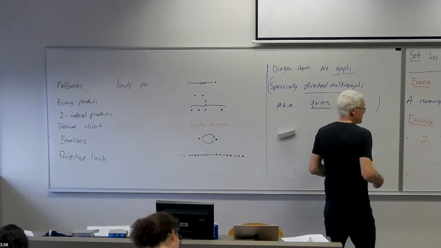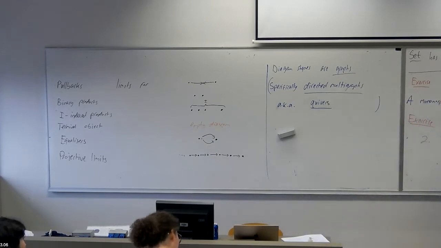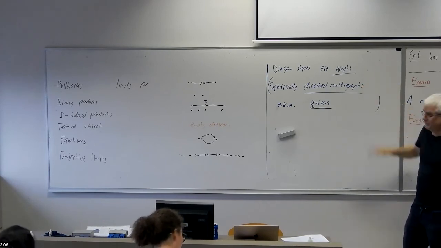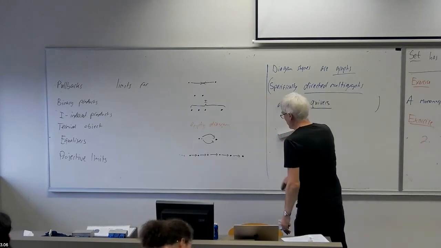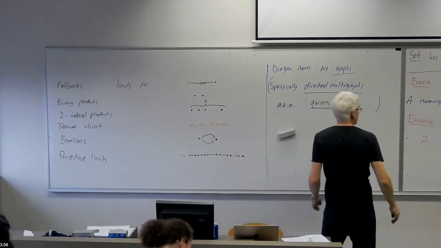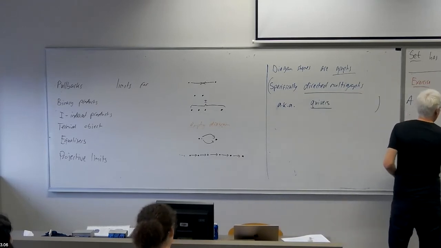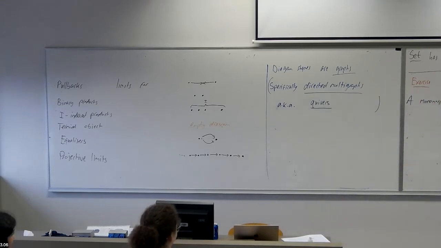So what I want to end the lecture with is the general definition of limit for a diagram given by a graph. We've had these examples, the last one, projective limit, is in the notes. So let's define a graph first.